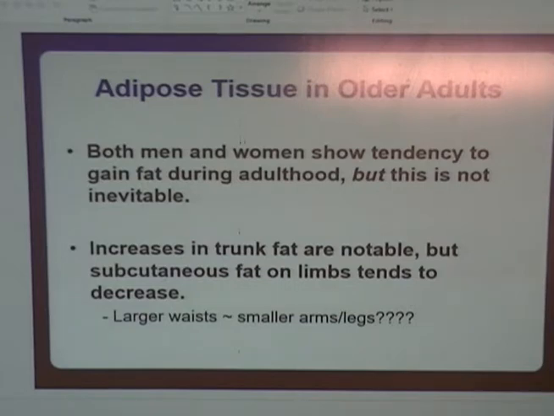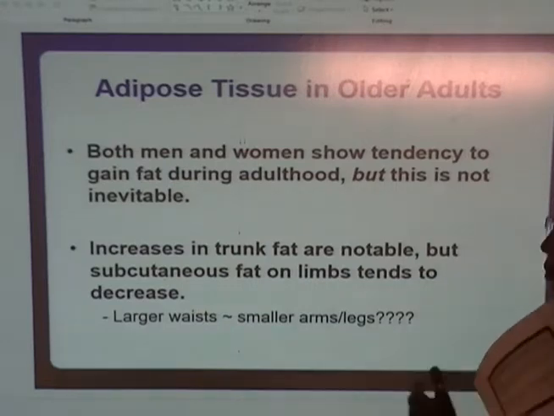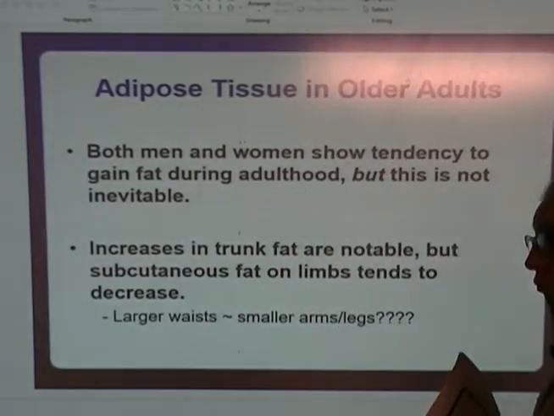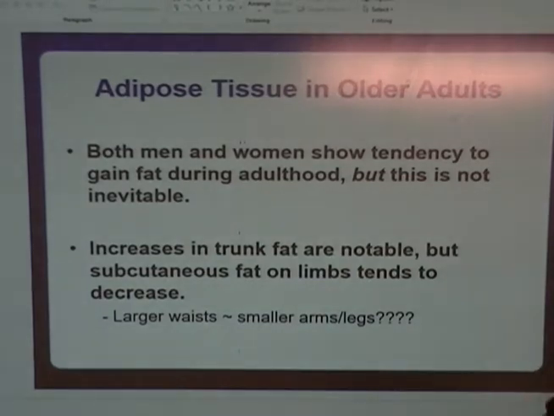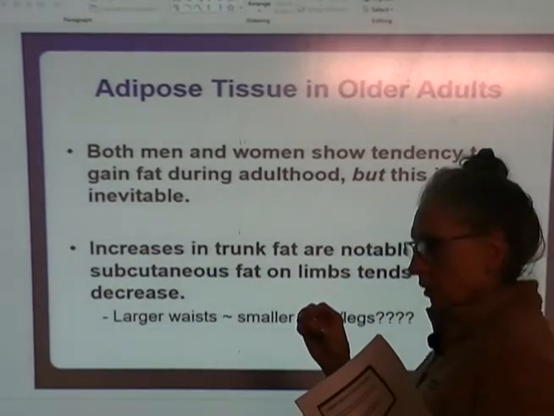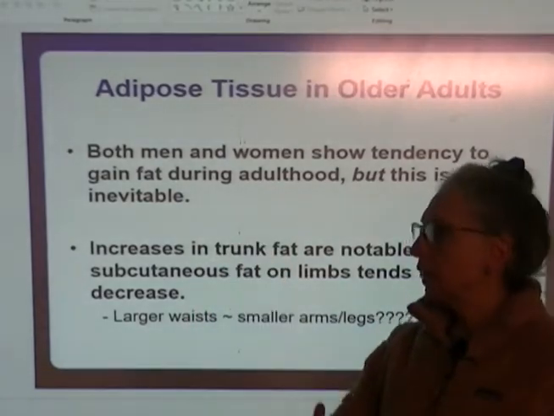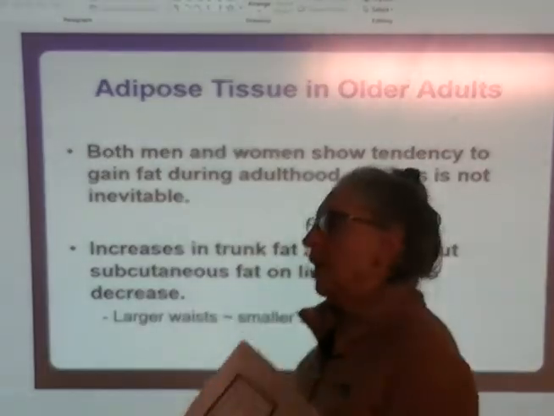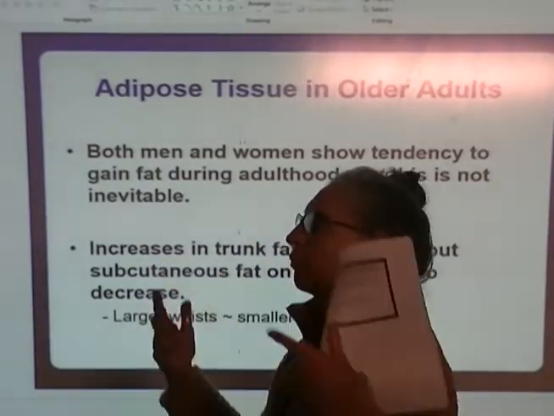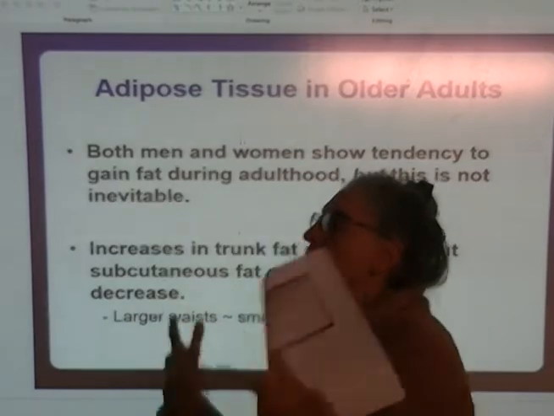So as we get older, we typically see in the average population an increase in fat mass in adults, right? Particularly from the early mid-20s on. But that's not wired, that's because of lifestyle, right? Because, you know, as a kid I was active, in college I was active, I managed to keep it up for a little while, now I've got a job, I've got 3 kids, I've got a partner, right?